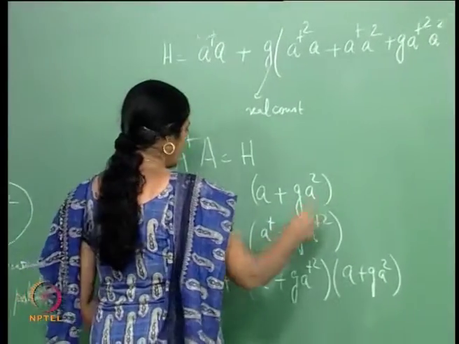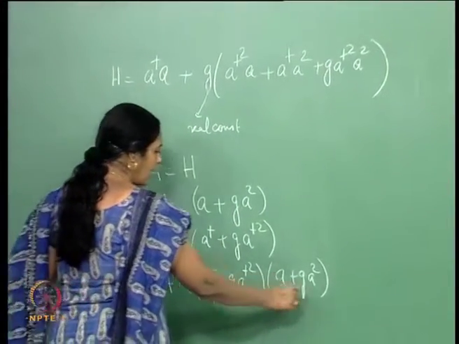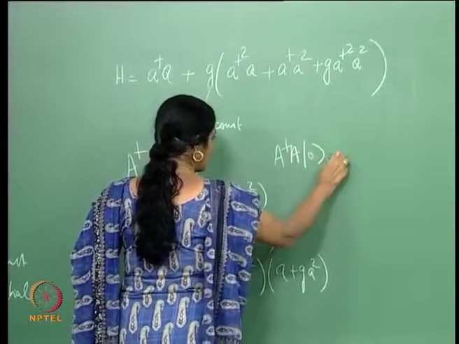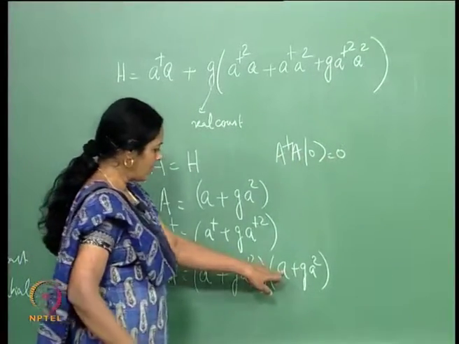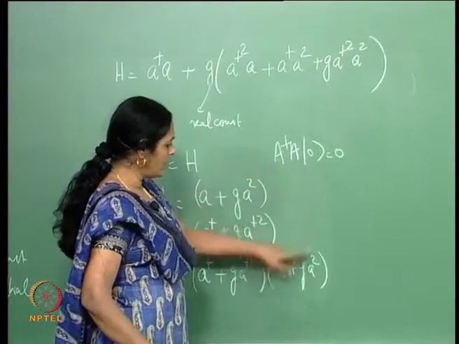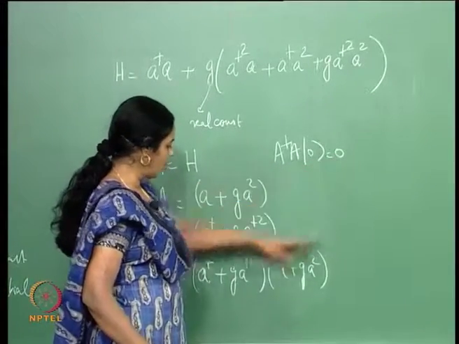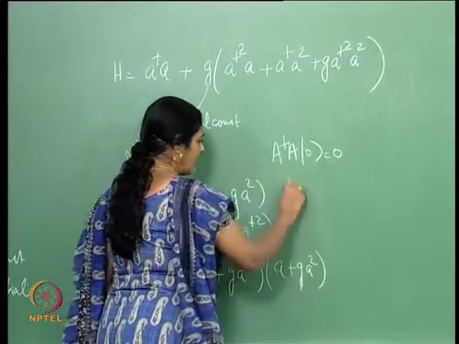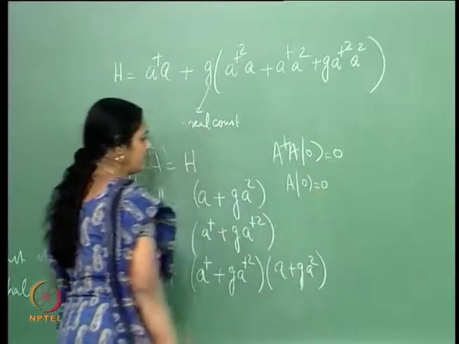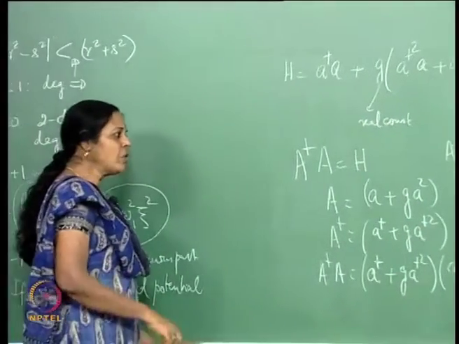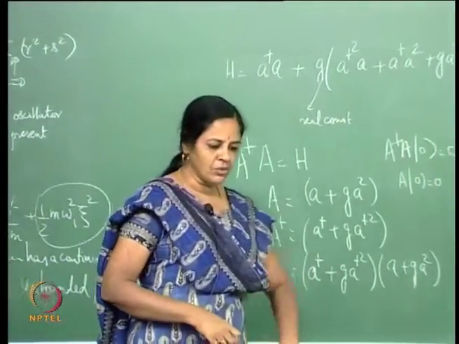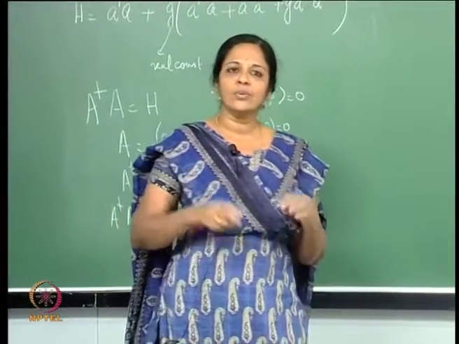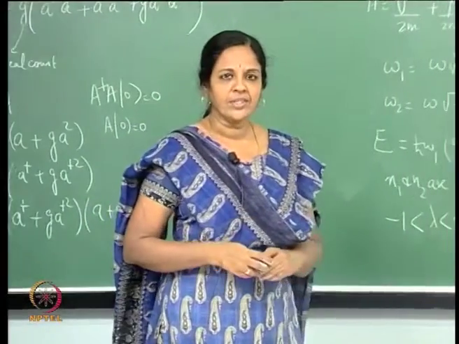That is true, because A dagger A acting on ket 0 is 0, because little a on ket 0 is 0 and a squared on ket 0 is 0. So, it really does not matter what happens here. A on ket 0 is 0. And therefore, it is true that both this Hamiltonian and the harmonic oscillator Hamiltonian have ket 0 as the lowest energy state.